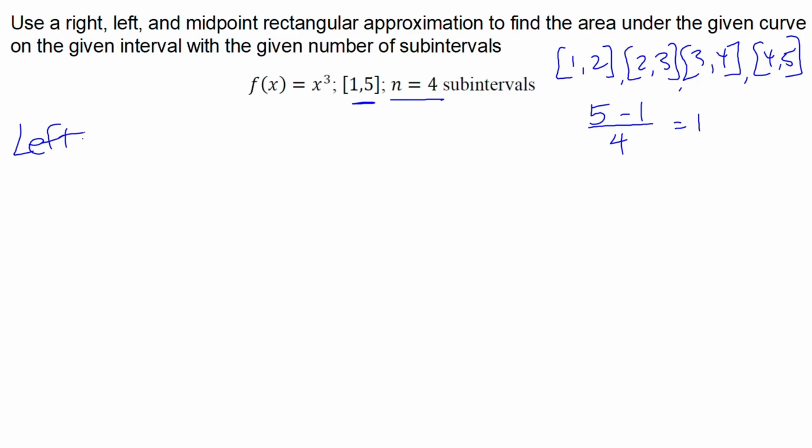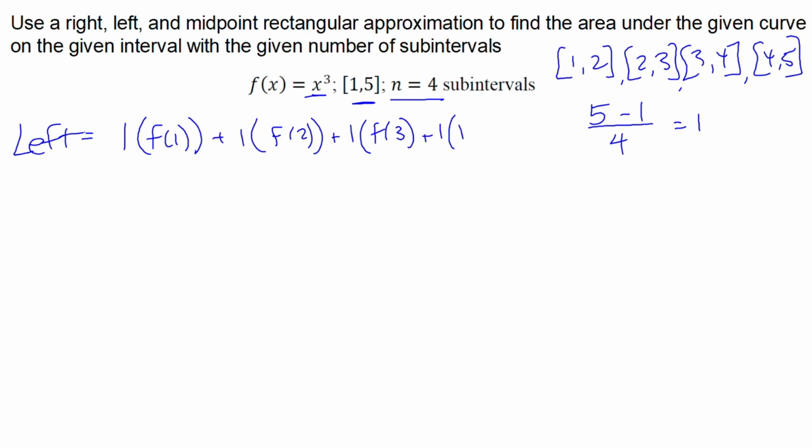So to do a left approximation, all we need to do here is take the length of each subinterval, 1, and then multiply it by the left endpoints of each of those subintervals, with those values plugged into our function. So it's 1 times f of 1 plus 1 times f of 2 plus 1 times f of 3 plus 1 times f of 4. And we don't have to do anything else with the 5 at the end because we're only doing the left endpoints.